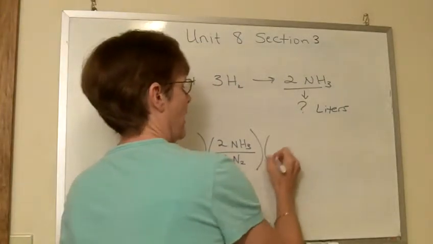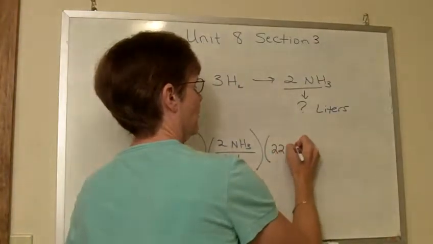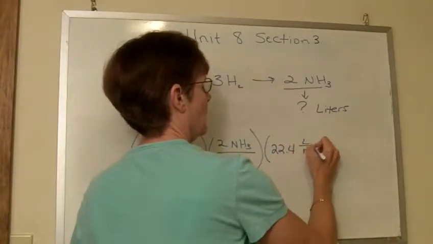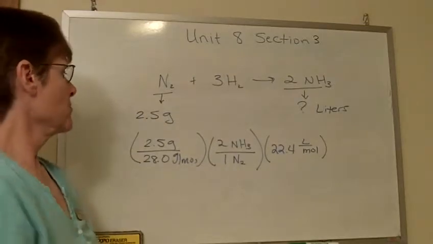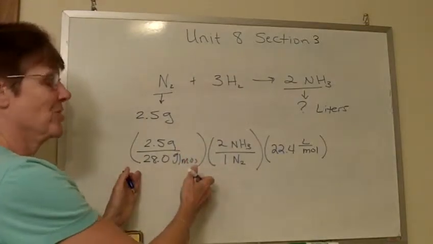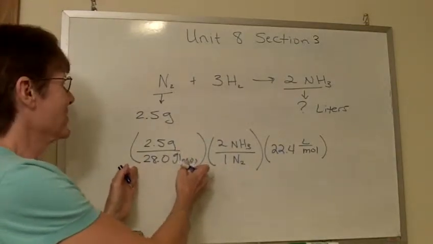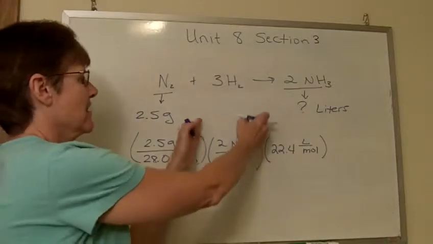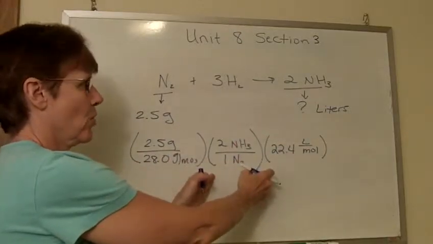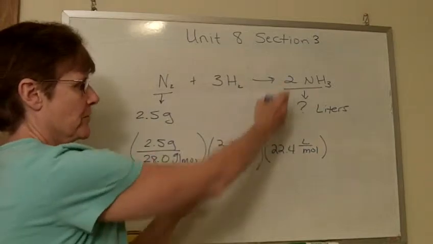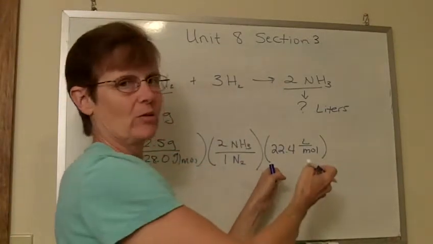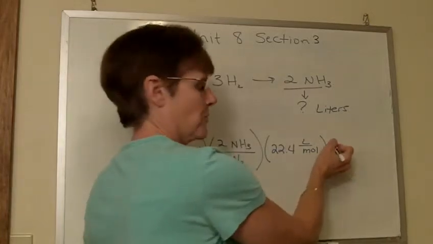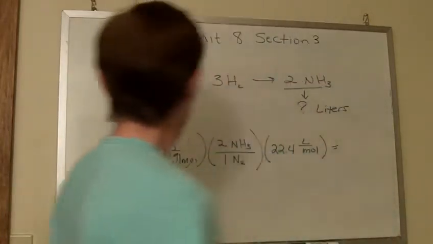So I'm going to multiply times 22.4 liters per mole, because that's the molar volume at standard temperature and pressure. So this step, just to review, gives me moles of nitrogen. This step gets me to moles of ammonia, and this step gets me to liters of ammonia, assuming we're at standard temperature and pressure.